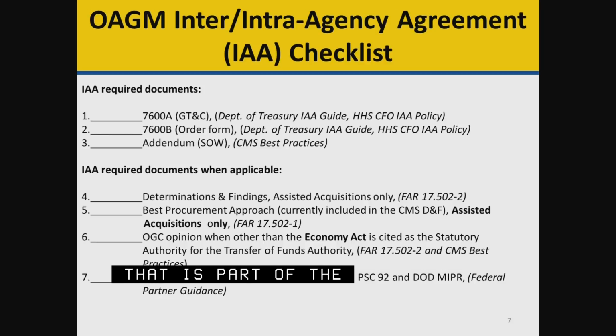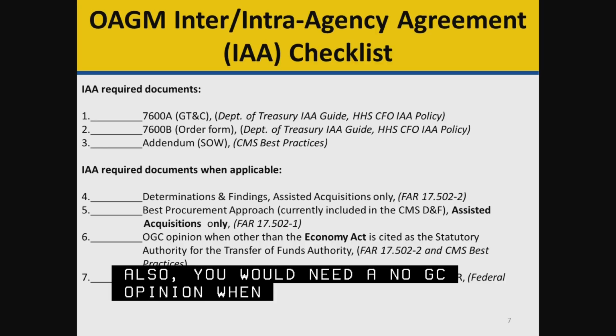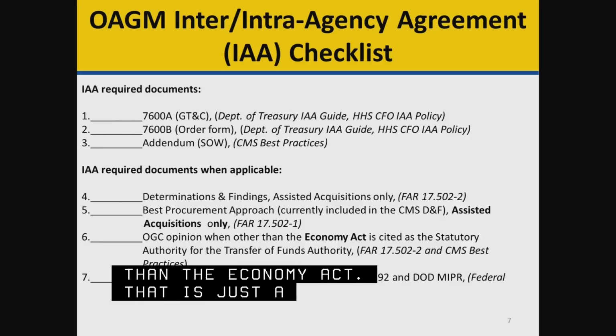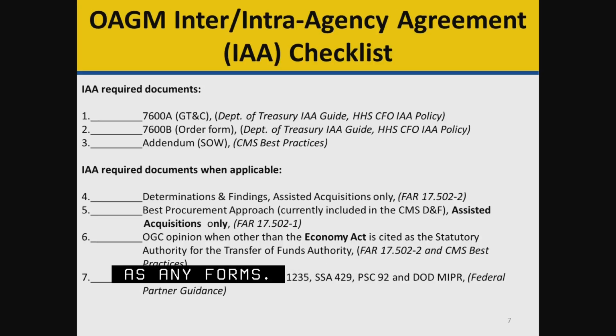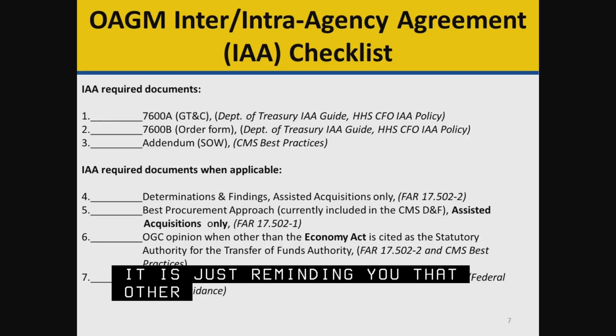Also, you would need an OGC opinion when you have another program authority other than the Economy Act. So that's just a reminder that you need that OGC opinion, and it's more of a clearance for your program authority, as well as any SSA forms or PSC forms or DOD forms. It's just reminding you that other agencies have other agency-specific forms that must accompany these required documents for your IA.